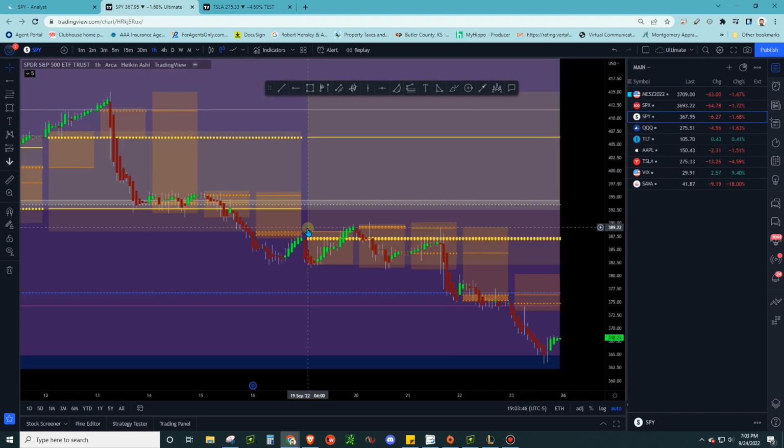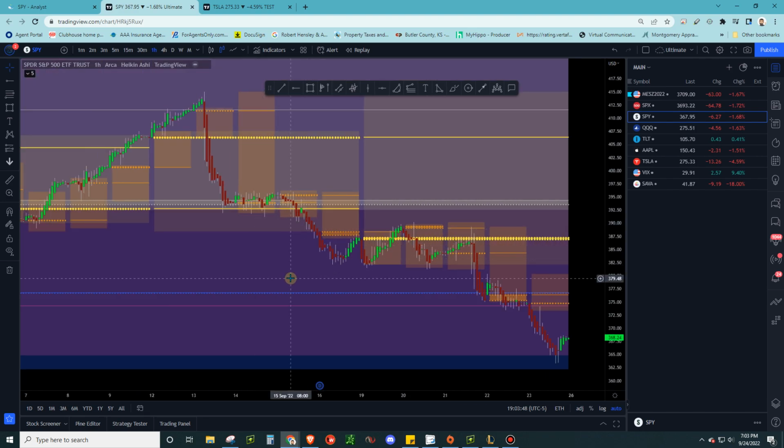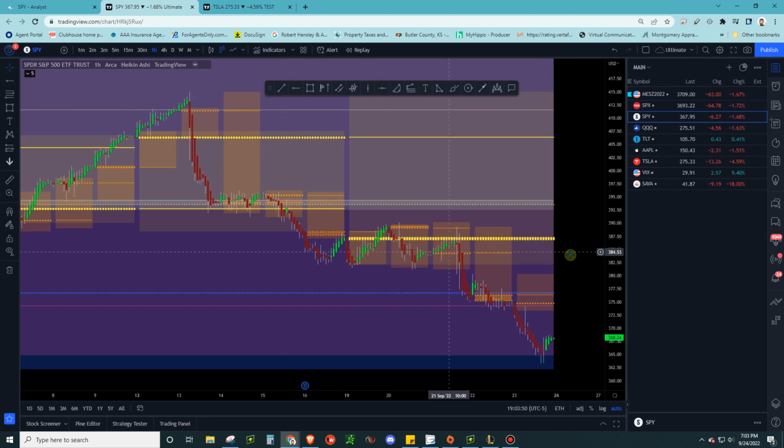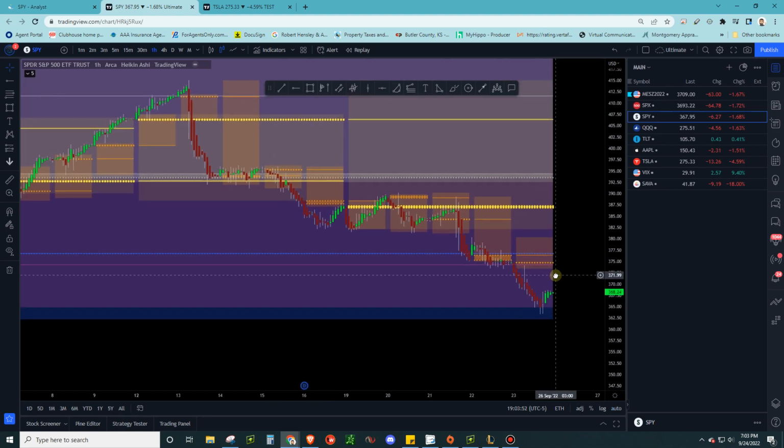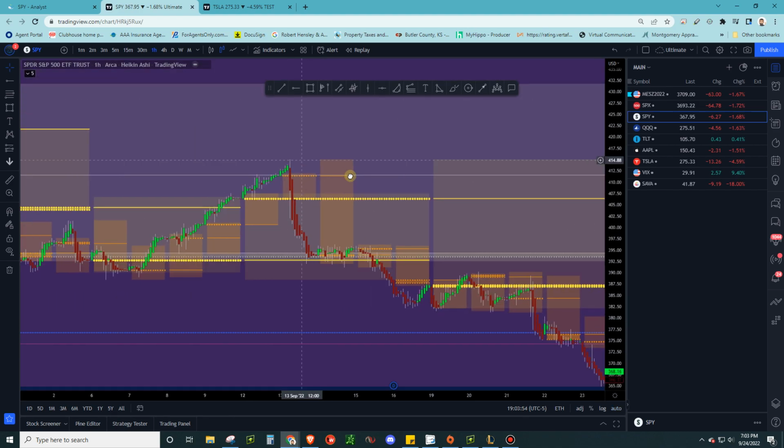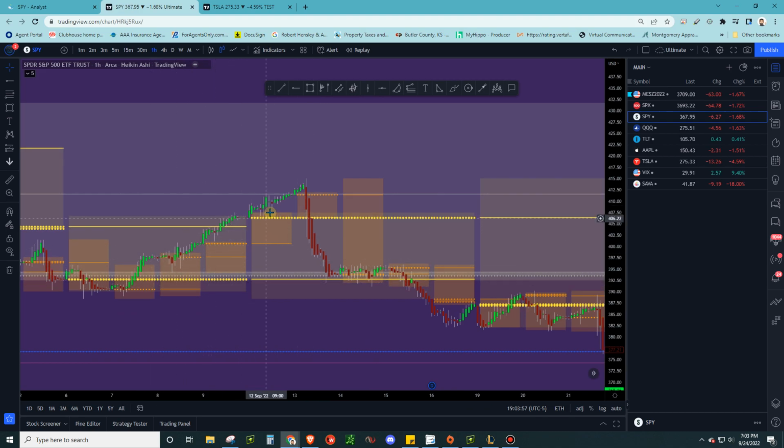I use this all the time to find traps, because all the traps end up happening around these levels. That's what I've learned. See this trap up here: they rip it up, and you've got 2 days where it's up. They get you right up really high above the previous week's high. That's typically where it happens.